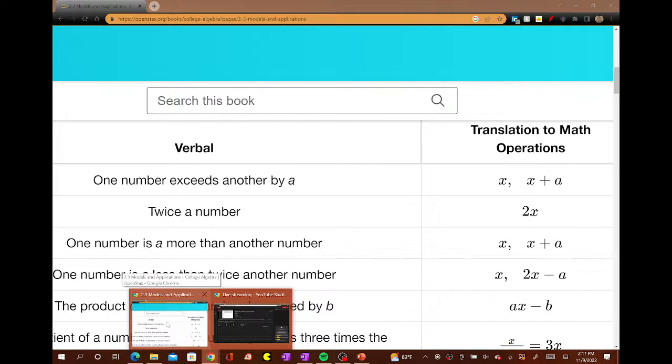So let's say x exceeds another number by a.